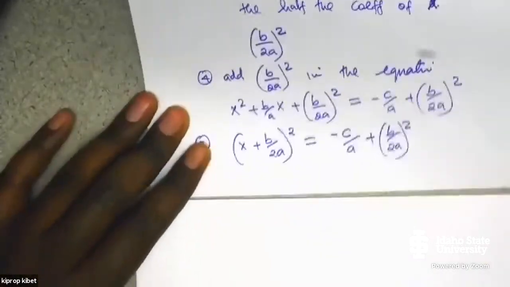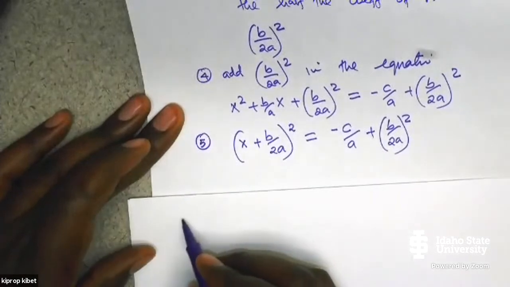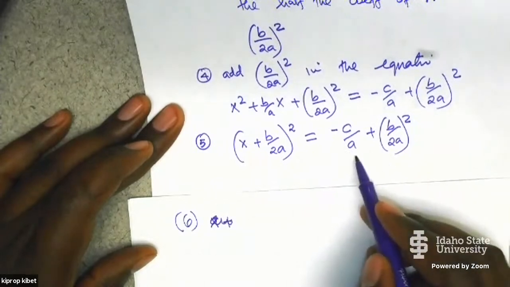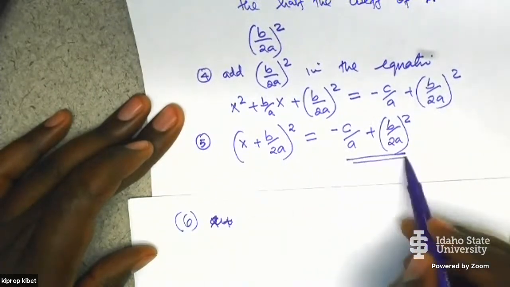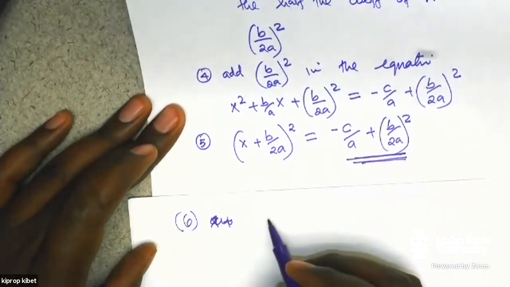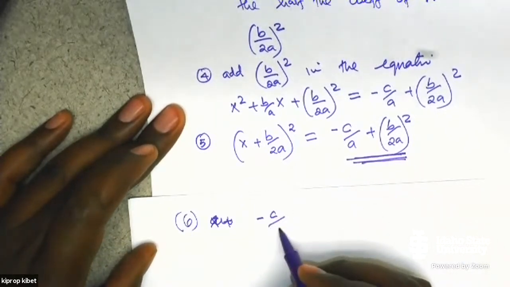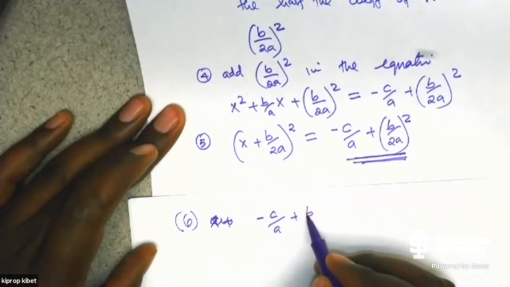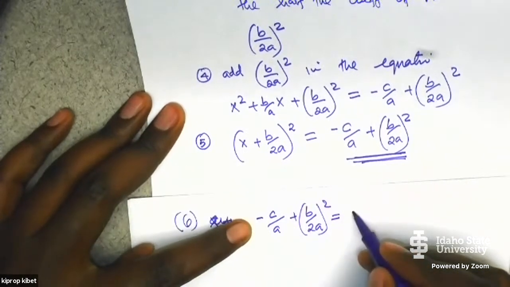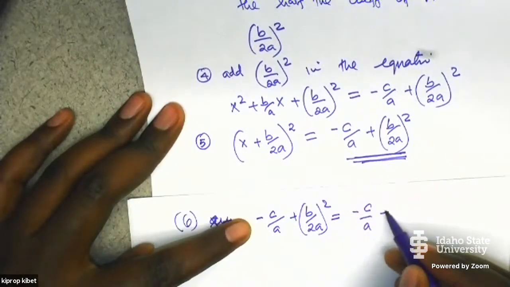So number 6, we can simplify this last term here. Minus c over a plus b over 2a squared is similar to minus c over a plus what?